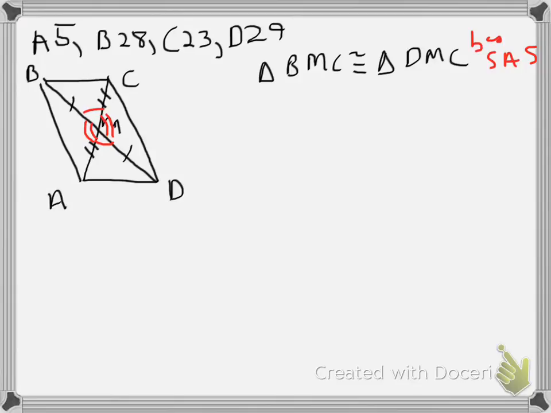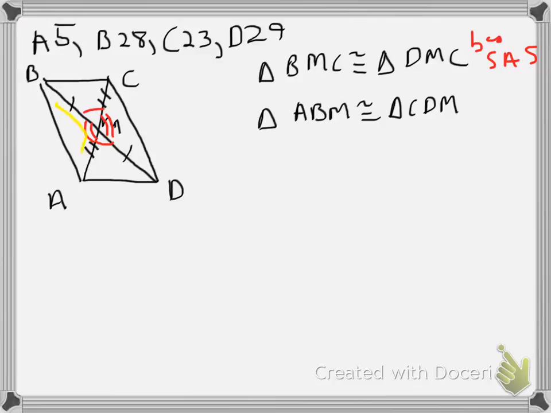Okay, I got another set of triangles that are the same, the left and right one. Triangle ABM is congruent to triangle CDM. Okay, and again, I'll show it to you.